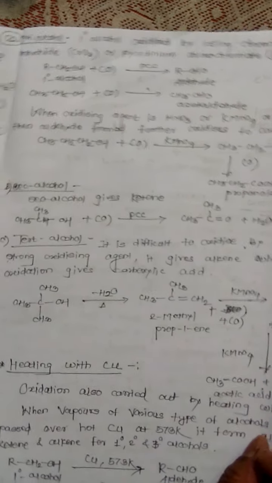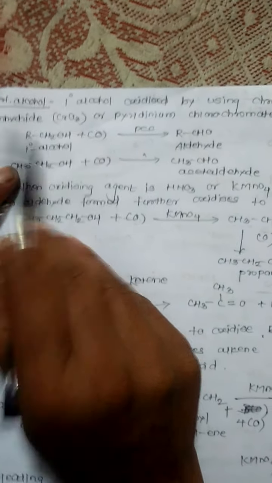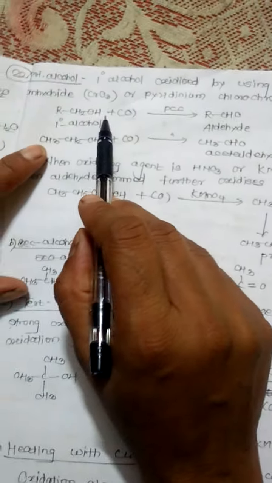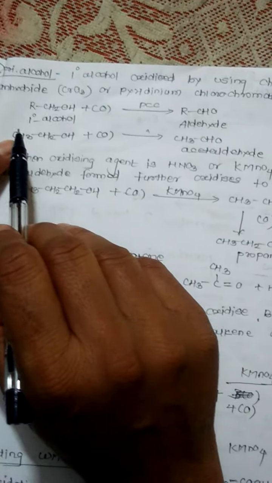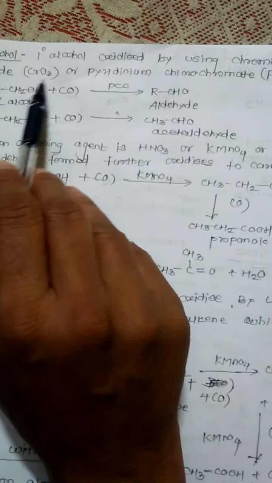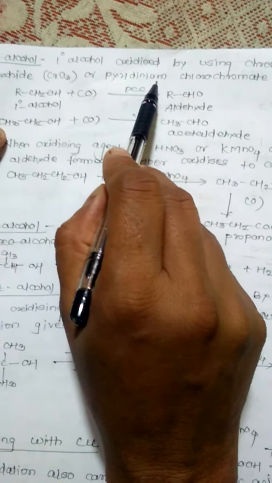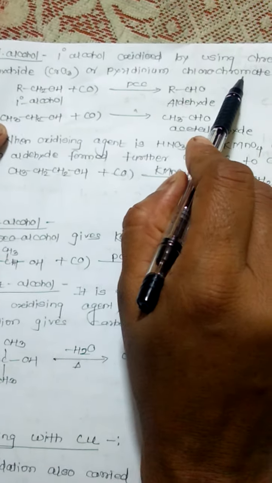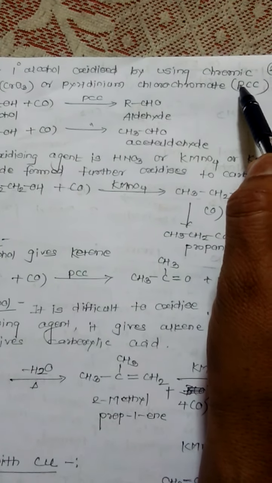Now see, very important. When we use a primary alcohol, containing the OH group on the primary carbon, the primary alcohol is oxidized by using the catalyst chromic anhydride, CrO3, or pyridinium chlorochromate, in short called PCC.